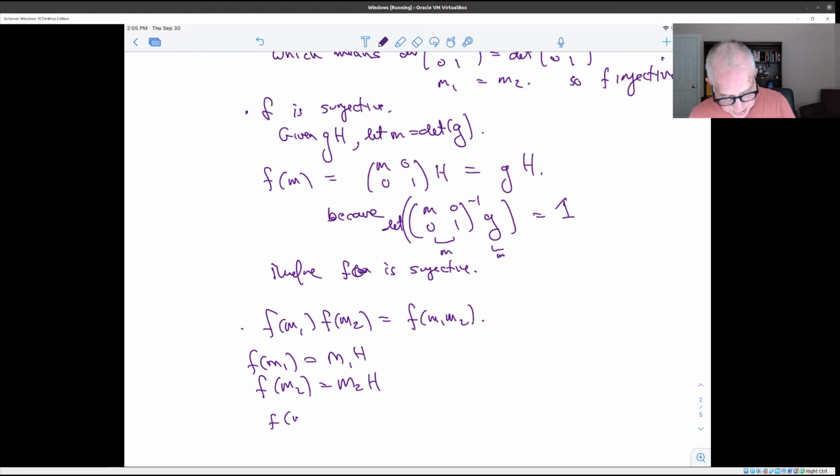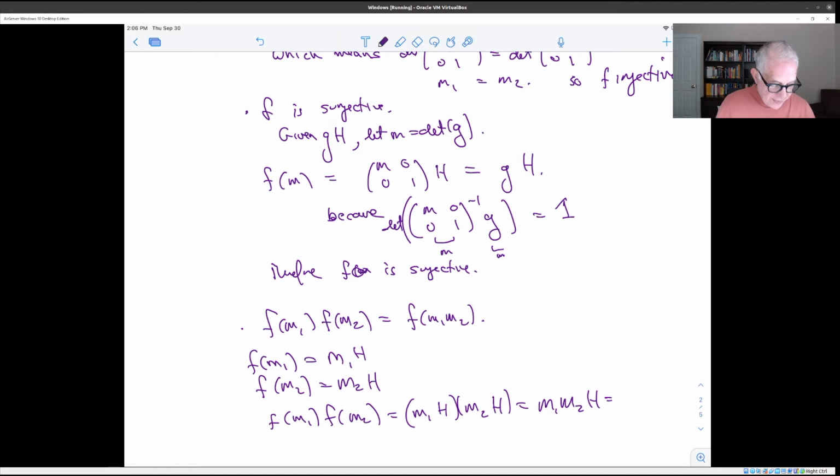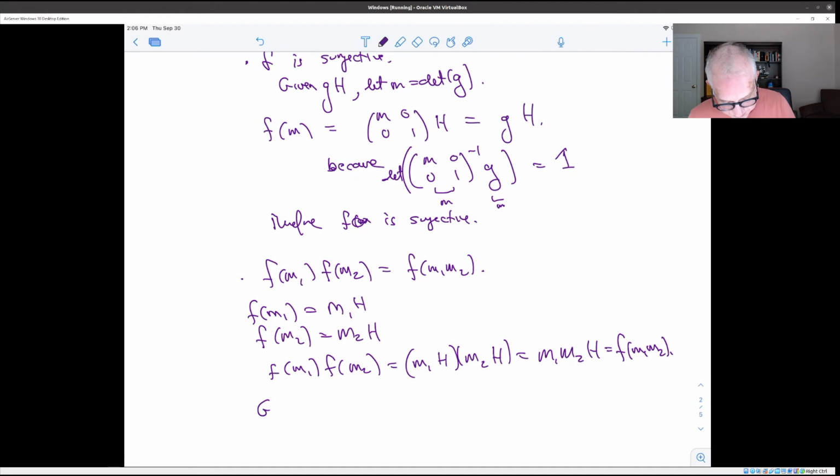And using the group law in the quotient group, f of m1 times f of m2 is m1h times m2h, which is m1 m2h, which is equal to f of m1 m2 by definition. So we've shown, therefore, that if you take the group GL2R and you mod out by the action of SL2R, you get a copy of R star. In some sense, what you've done is you've pulled out the determinant by taking this quotient group.